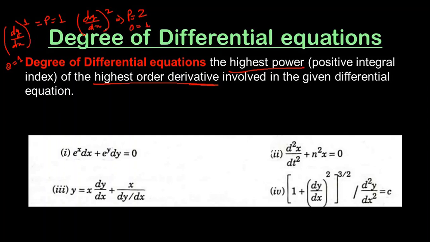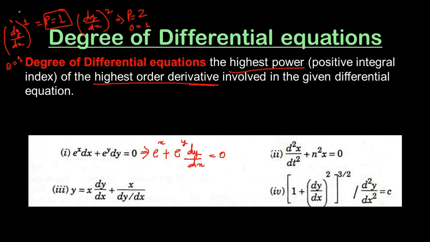So to identify the degree of a differential equation, you have to look at the power of the derivative, and you have to identify the power of the highest order derivative in the equation. So let us look at some examples. First example is e raised to x dx plus e raised to y dy equals 0. Let us transform it. By dividing by dx on both sides, you will get e raised to x plus e raised to y dy by dx equal to 0.